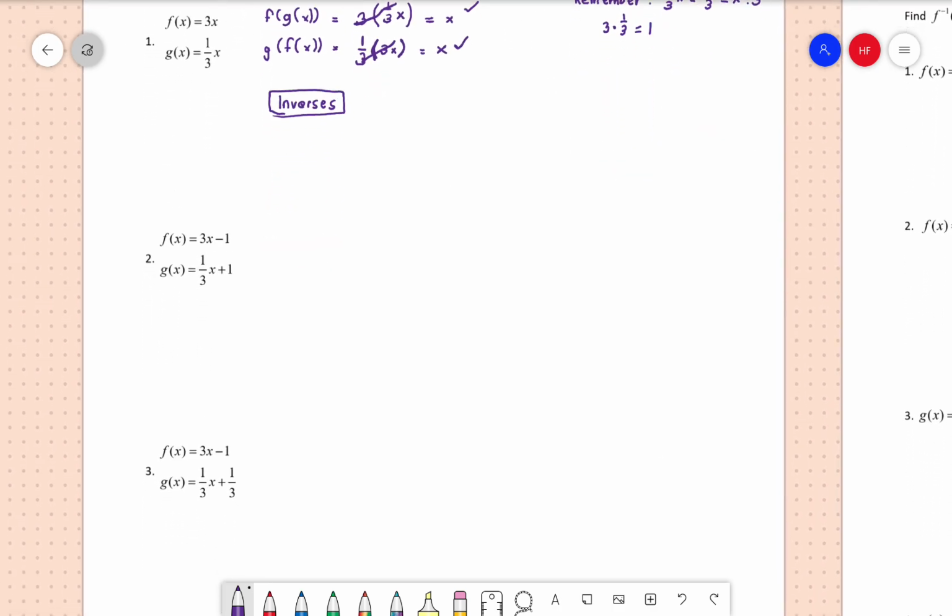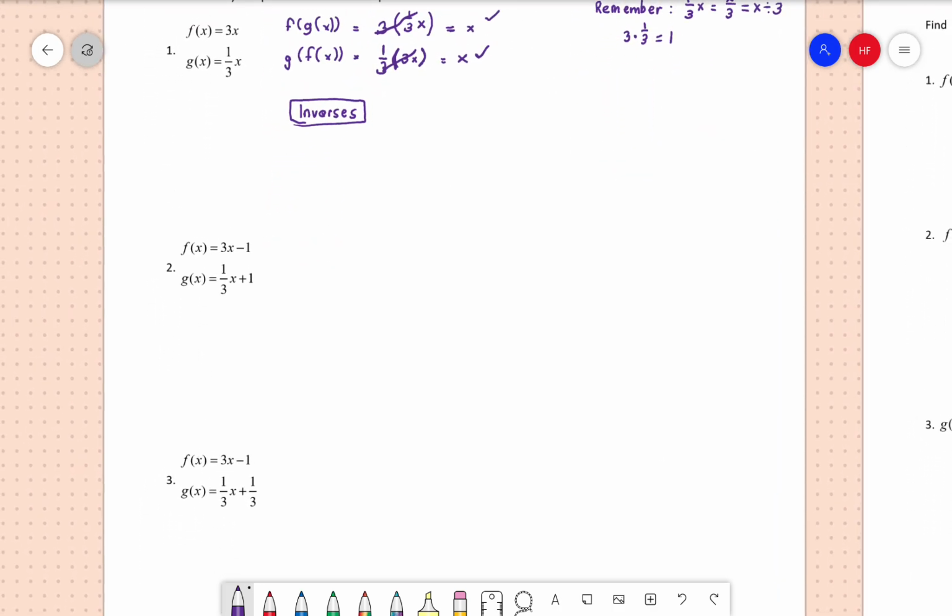We'll do the same thing with number 2. It's just going to be a little trickier because we have more than just one term. We're doing the same process where we're taking f of g of x. We're looking at our function f of x, and everywhere we see an x, we're replacing it with this whole function. So instead of 3 times x, we have 3 times 1/3 x plus 1.